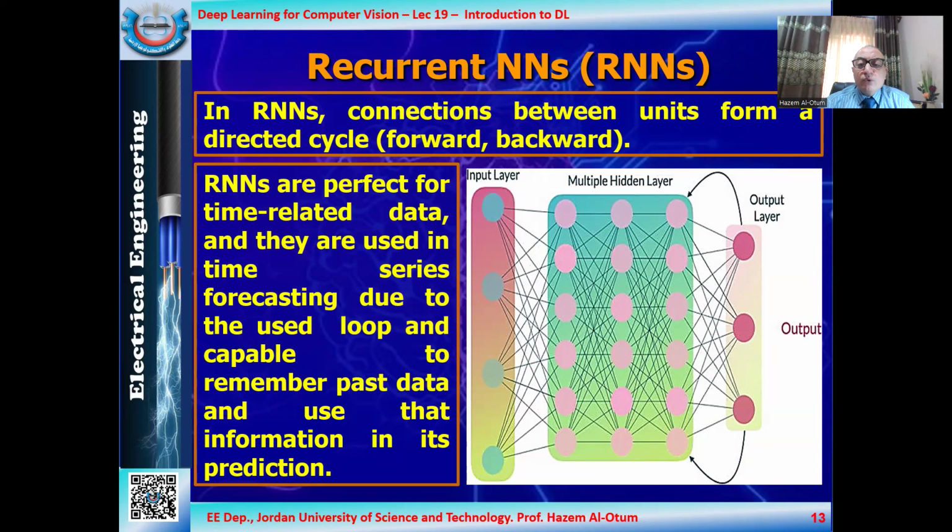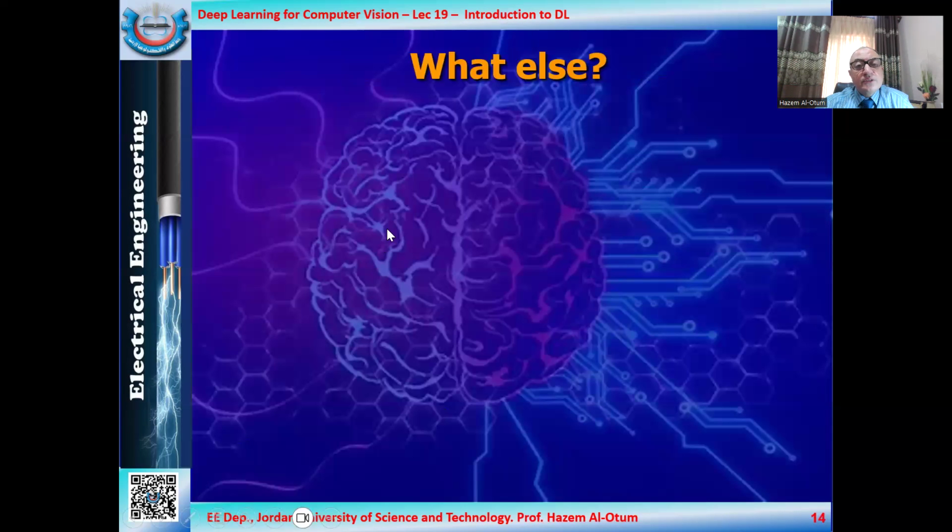The time consumption is very high, specifically when we have a lot of hidden layers with a lot of feedback or recurrent connections in the RNN. What else? These are mainly the types of machine learning that are easily transferred to deep learning, and these are the main types of DNNs, deep neural networks. We have deep CNNs, deep convolutional neural networks, and deep RNNs, deep recurrent neural networks. What else we can find, the list is open. It is updated every day.